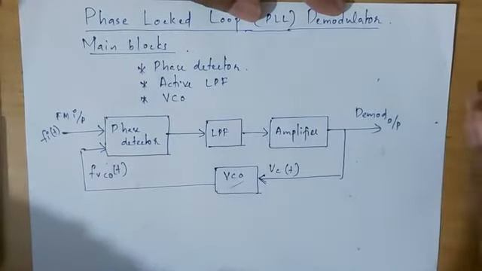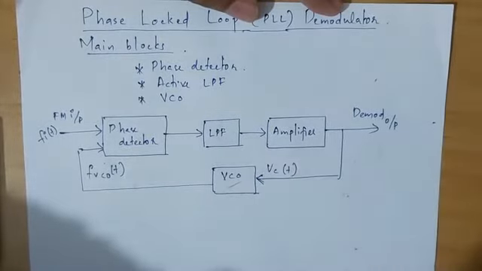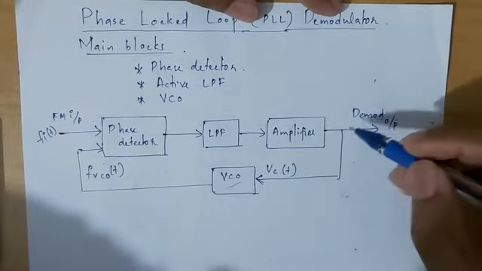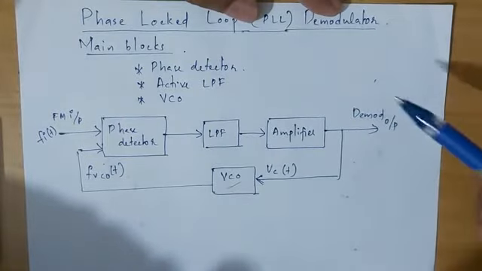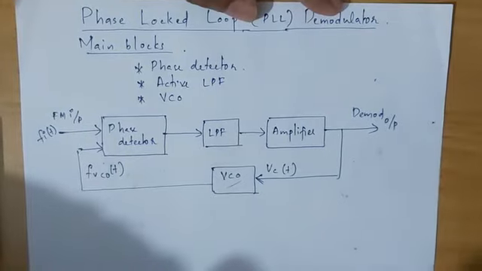Even if you are not giving any input to the VCO, it will produce a signal with a certain frequency. And whenever you give an input signal to the VCO, a frequency shift occurs.